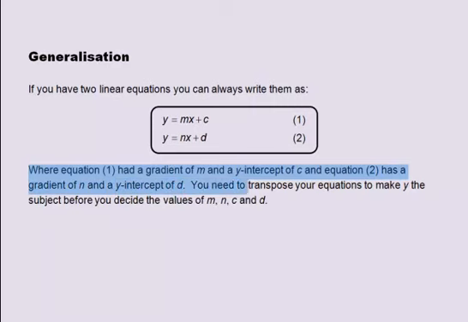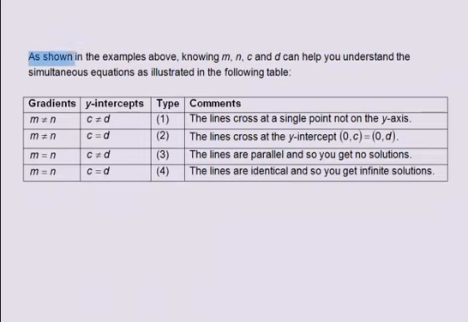You need to transpose your equations to make y the subject before you decide the values of m, n, c and d. As shown in the examples above, knowing m, n, c and d can help you understand the simultaneous equations, as illustrated in the following table.